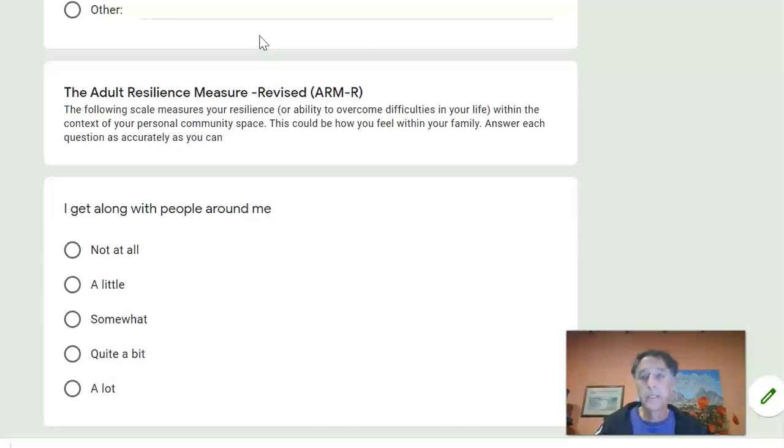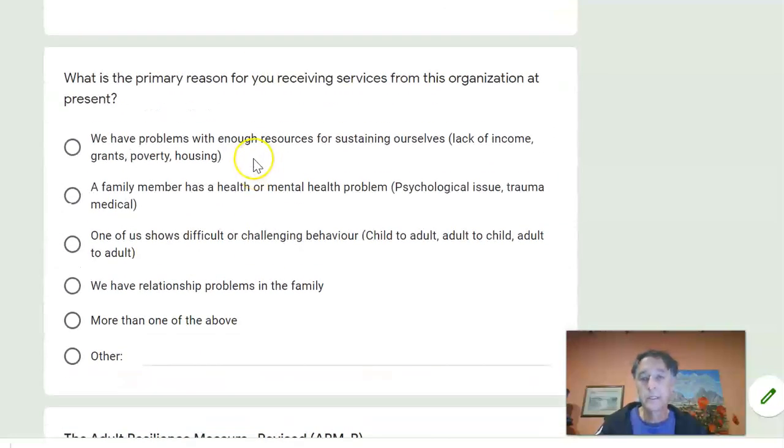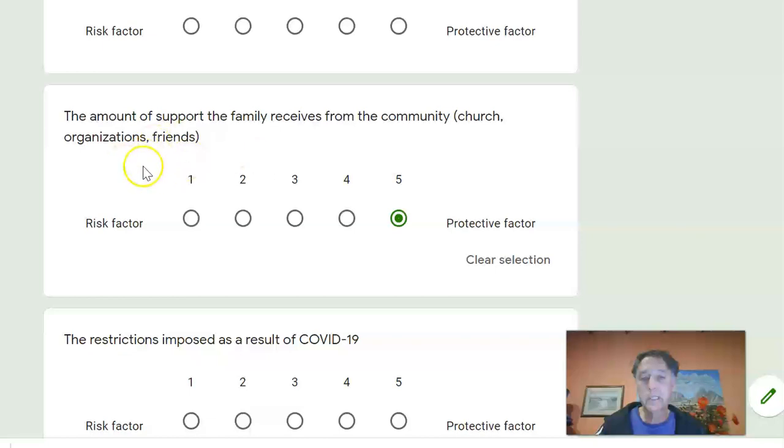But usually those questions, like in this instance, these questions that I've got here, they are there for a purpose. And the purpose of these questions is that they are part of my set of independent variables.